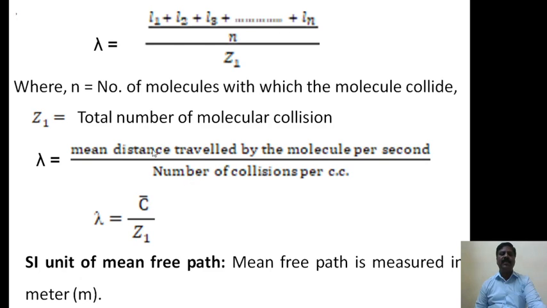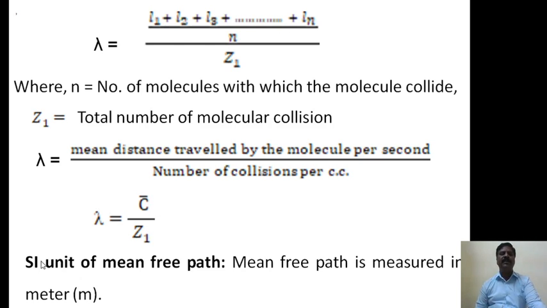The mean distance traveled by the molecule per second is the average velocity of the molecules, written as C bar, and the number of collisions per cubic centimeter is Z1. Therefore, this is another expression for mean free path.